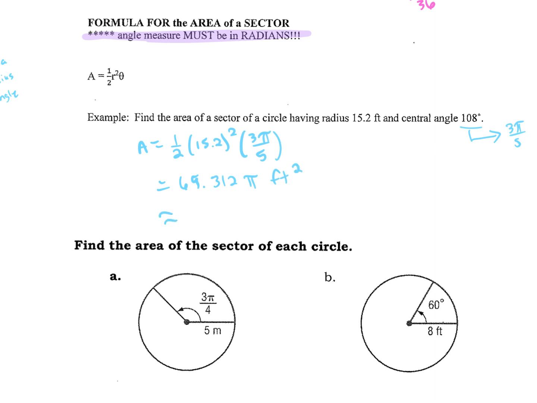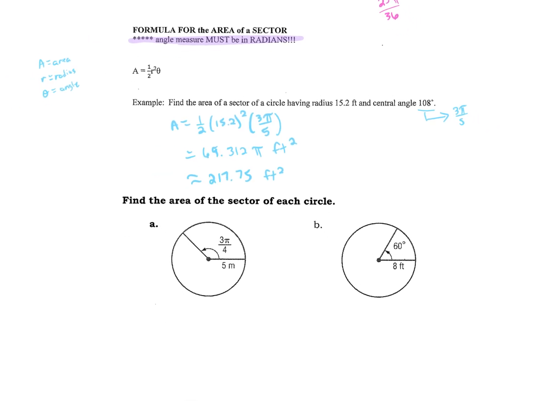And then if you go in and plug in the value for pi, you get that it's approximately 217.75 feet squared. So check, make sure you can plug in correctly. People tend to forget, if they make mistakes with the plugging in, it has to do with either the squaring usually or dividing by what's in that denominator. So just be careful plugging in, okay?